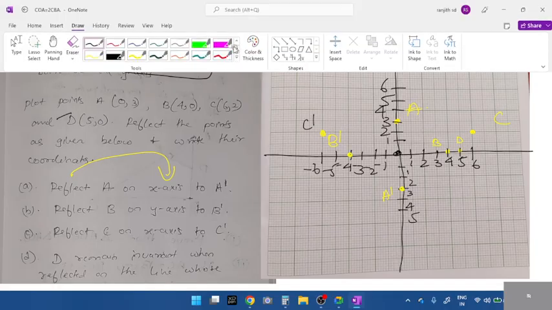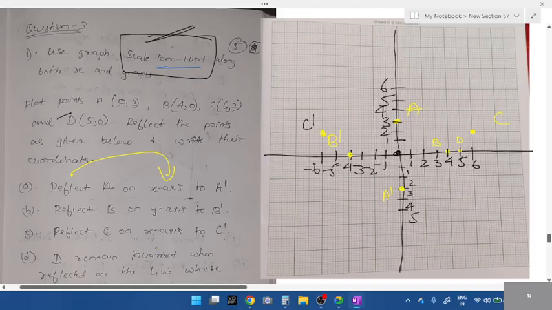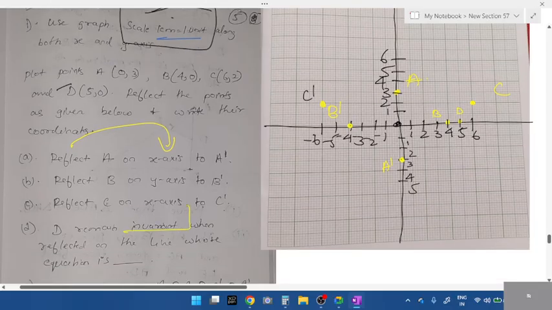Point D, there is no reflection. Can you tell the reason why there is no reflection? The invariant. What did I tell you all? Invariant meaning it lies on the same line, right? Yes, it lies on the same line, students. Invariant point. When reflected on the line whose equation. So on which line? Where is point D? X-axis, what's the value?